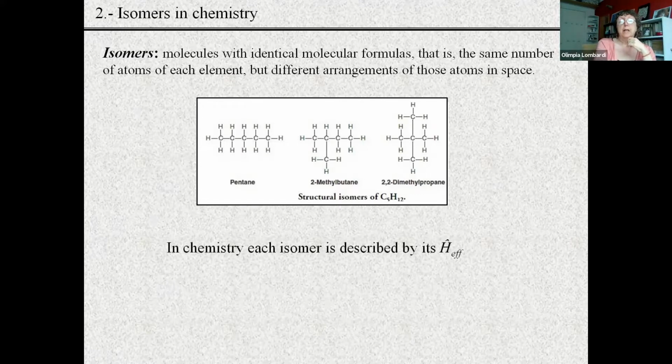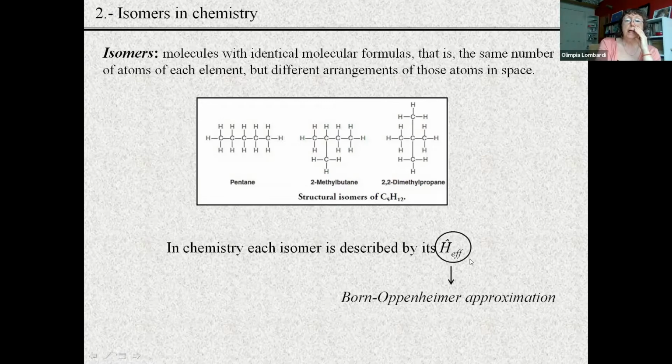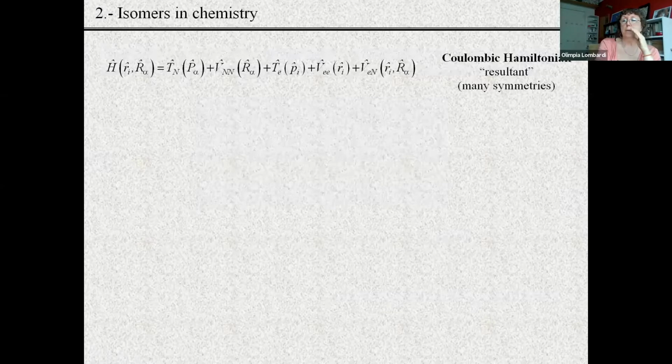And in this field, each isomer is described by its effective Hamiltonian, configurational Hamiltonian in Hendry's terminology. And this Hamiltonian arises as the result of the Born-Oppenheimer approximation. I will tell very quickly how it works.